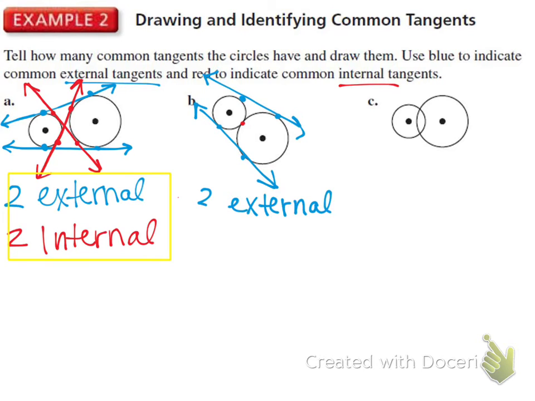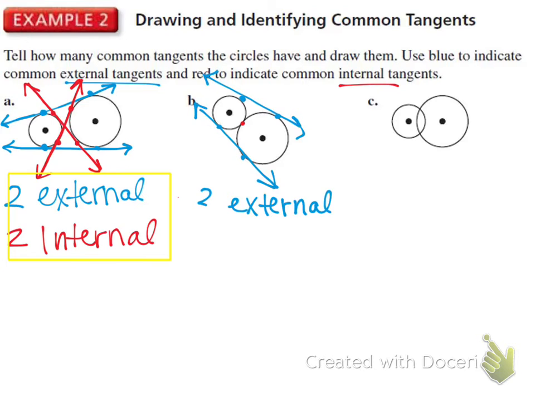Internal, we want a tangent to touch each circle one time. What are your thoughts? Well, right there on the inside, there's one that can go straight up. If you put two dots on the inside, you can make them both touch with a straight line.